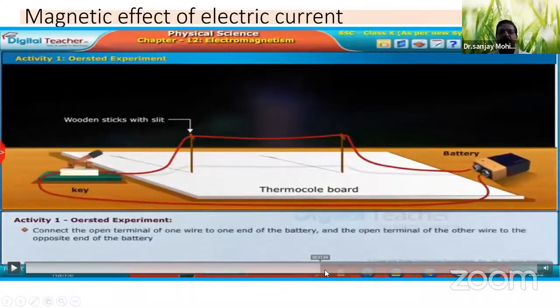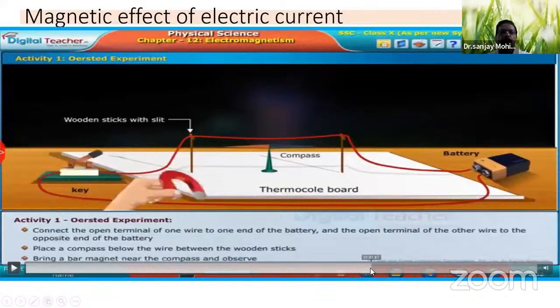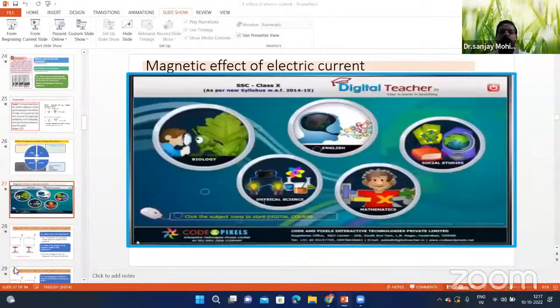Now when the wire is connected to the plug key, the circuit gets completed. Now connect the battery as shown there. As soon as you connect the battery and the compass is kept under the electric field, what do we observe? We observe that when the current is passed through the conductor, there is a deflection in the magnetic needle.